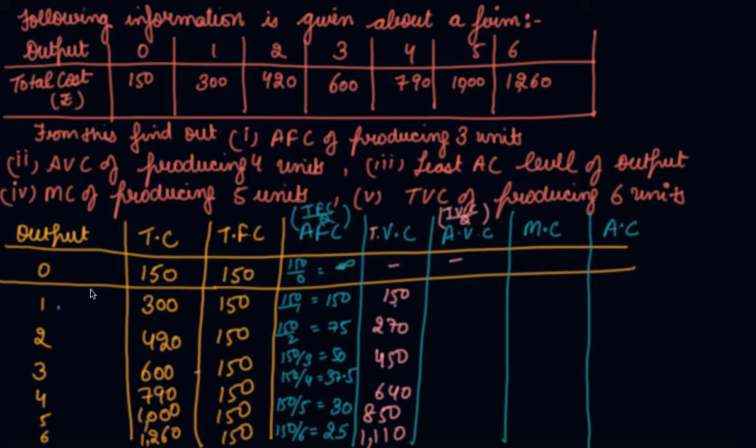So 150 divided by 1 is 150. 270 divided by 2 is 135. 450 divided by 3 is 150. Then 640 divided by 4 is 160. 850 divided by 5 is 170. Then 1110 divided by 6 will give you 185.